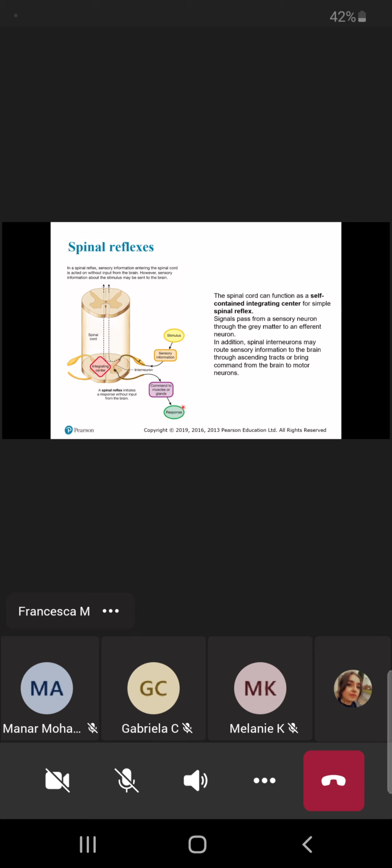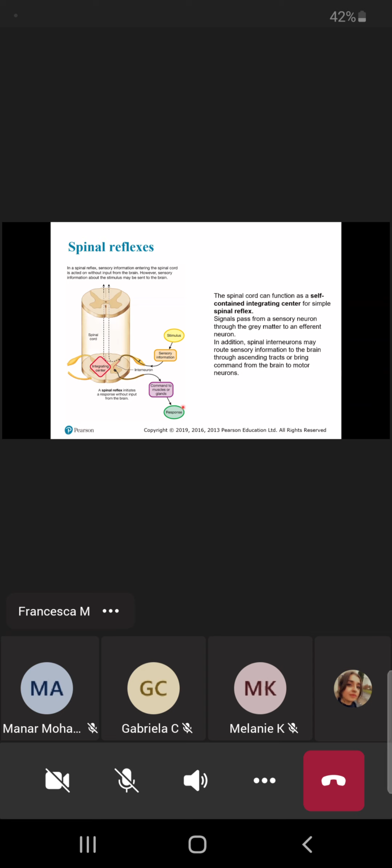Just keep in mind that it is the main information center. Using the spinal cord, information can be sent back and forth between the brain and the skin and our body. It is important in the regulation of locomotion and of skeletal muscle function, and it is composed, as we're going to see for the brain, of both white matter and gray matter that regulate its functions.